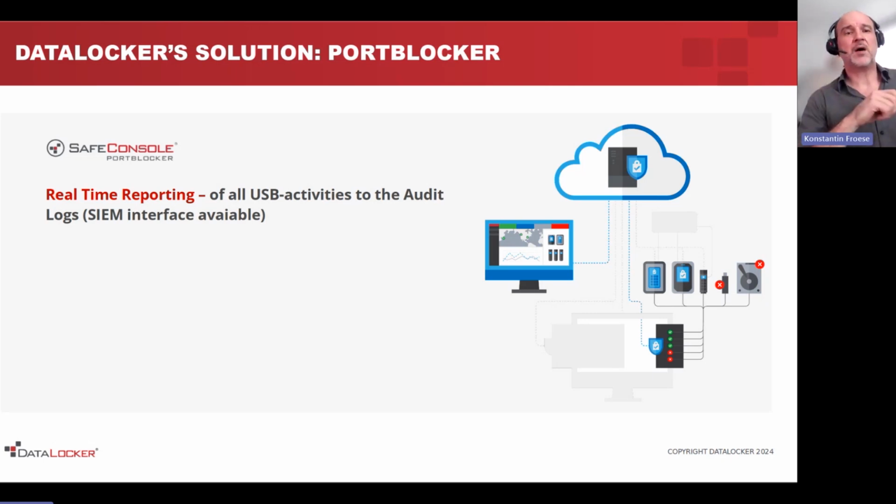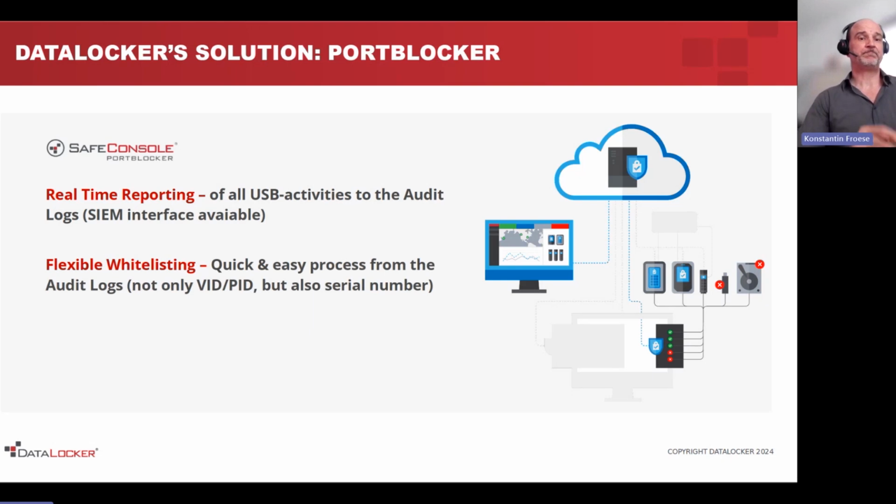And we also allow a SIEM interface, so if all these logs should be tracked in an event management system, that is also possible. Then often whitelisting is cumbersome, and we made that as easy as it can be.